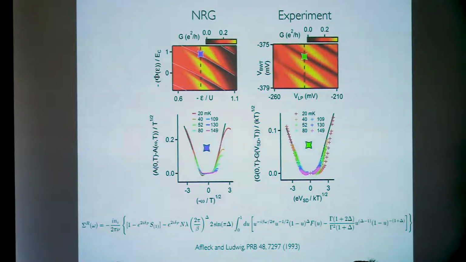This is the limit in which I'm looking at equilibrium conductance, but I can sweep the voltage on the weakly coupled lead and use that to probe the density of states. So in analogy to how an STM operates, we can look at finite energies without driving the system out of equilibrium. And so long as we do that, the conductance relates very simply to this expression. That's basically what gives us this black line here onto which these points should collapse.